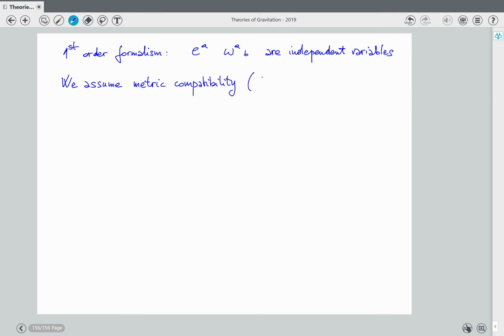So metric compatibility means this, or if you want, omega is anti-symmetric when you raise both its indices. But we do not assume vanishing torsion.